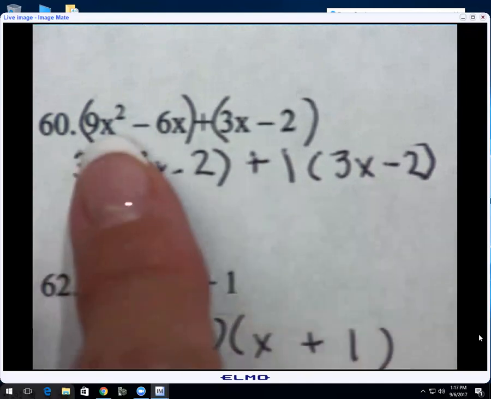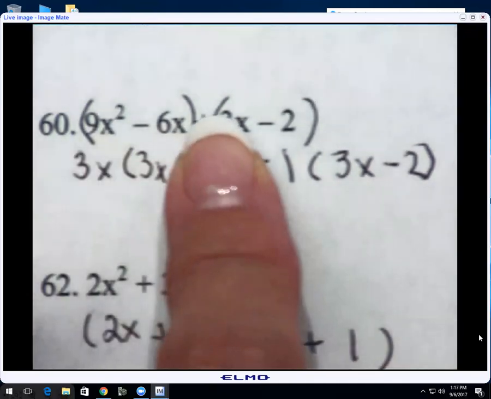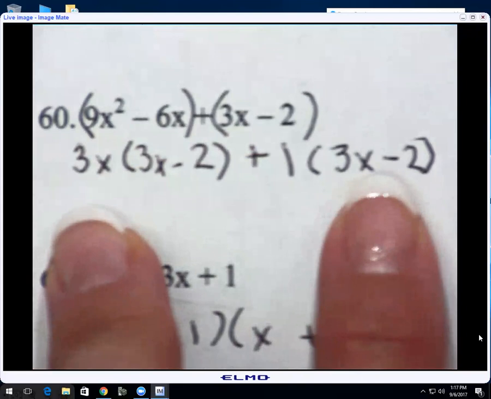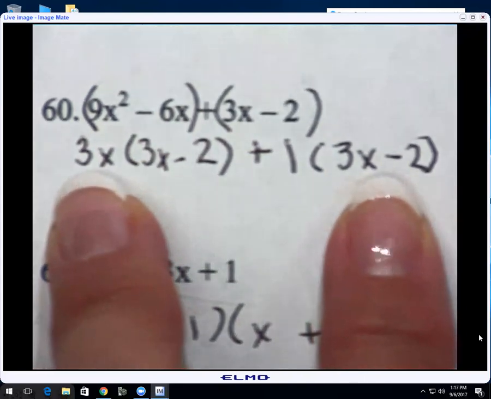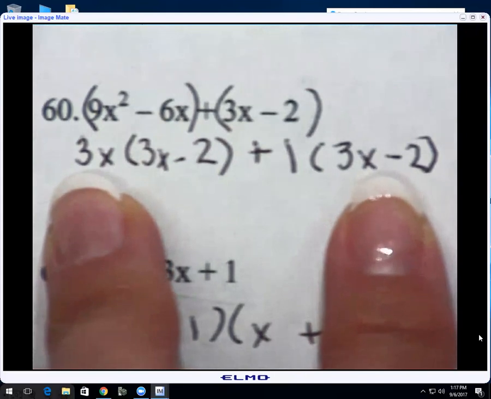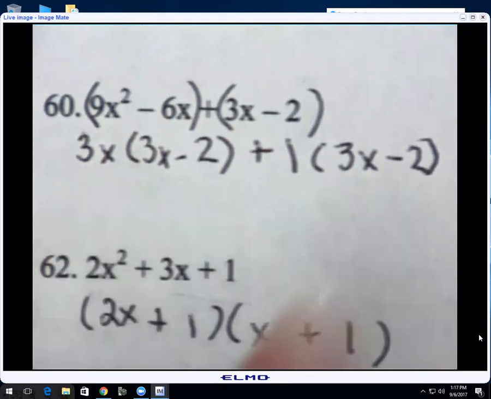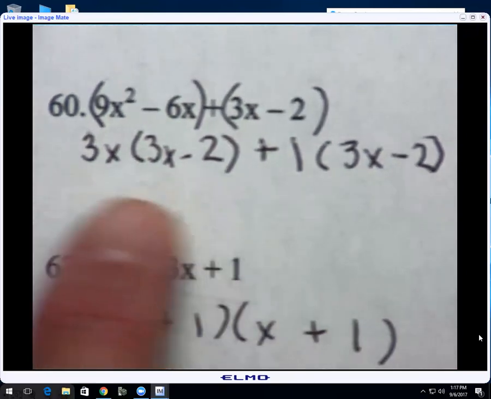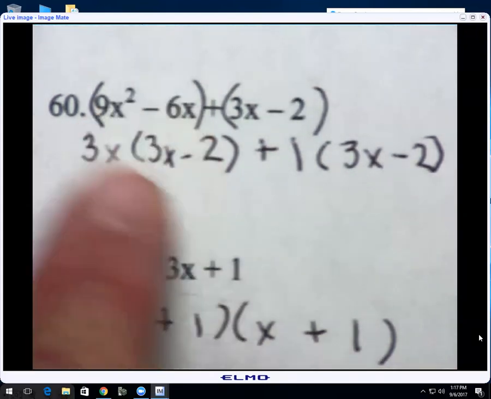This original problem has 4 terms. How many terms does it have on my second line? It doesn't have 4 terms now, it just has 2 terms, because anything multiplied together is all part of the same term.